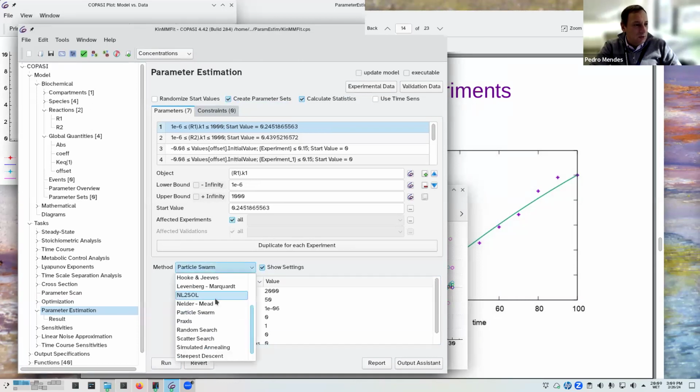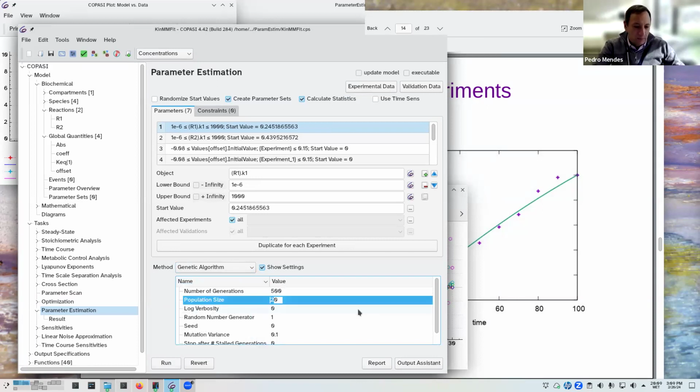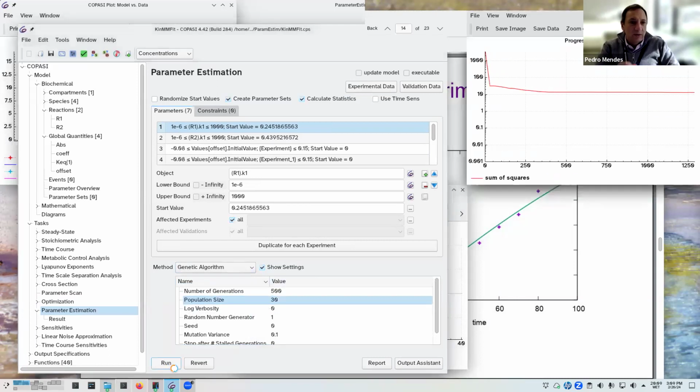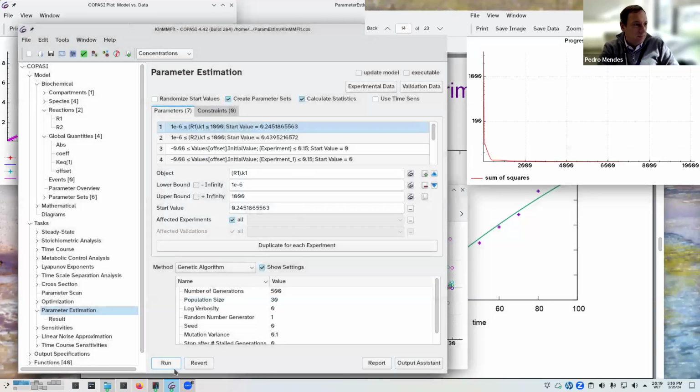If I'm going to run, let me use a different algorithm now because I just want to show different algorithms. Genetic algorithm is also usually very good. I'm going to just do 500 and maybe 30 individuals. I'm going to run. So when this parameter estimation is over, COPASI will automatically put those parameters in the parameter set.